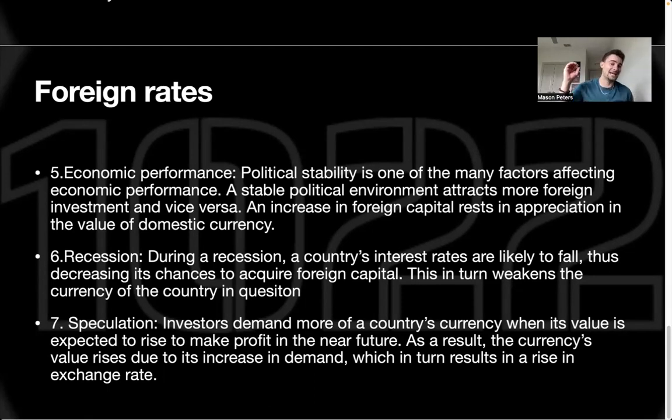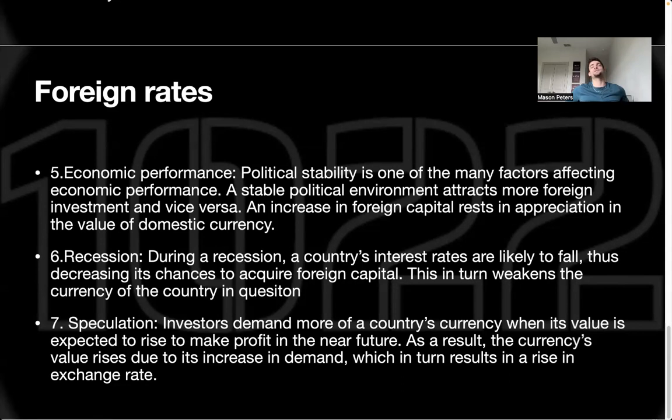Now, an increase in foreign capital results in appreciation in the value of domestic currency. The more politically stable a nation is, the more their currency is going to be attractive. The less politically stable a nation is, the less attractive their currency is going to be.